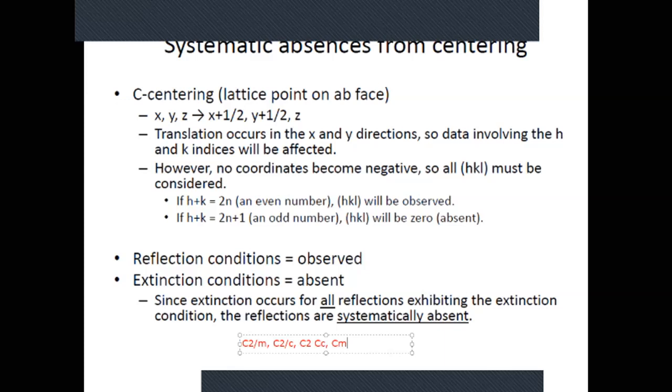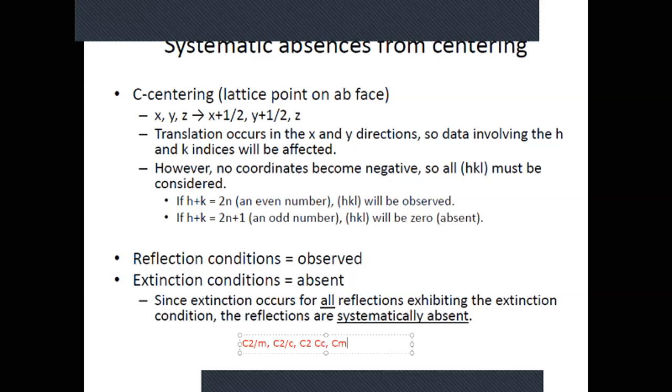And from this, you can narrow it down even further, because tomorrow we'll talk about glide planes. If your glide plane is not systematically absent, we could narrow it down from 5 to 3. Now, if the glide plane is present, we've narrowed it down to 2. So we went from possibly 230 down to 5, down to 2 or 3 at the end. So this is how systematic extinctions help. They can narrow down the possibilities of space groups.